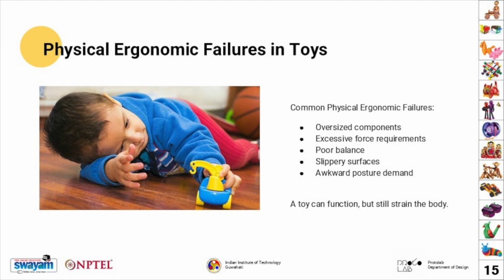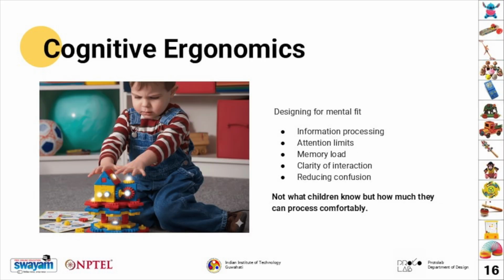These issues do not show up in marketing materials, but they show up in shortened play duration. Children rarely articulate physical discomfort clearly. They simply abandon the toy. Physical ergonomics ensures that abandonment is not caused by strain.